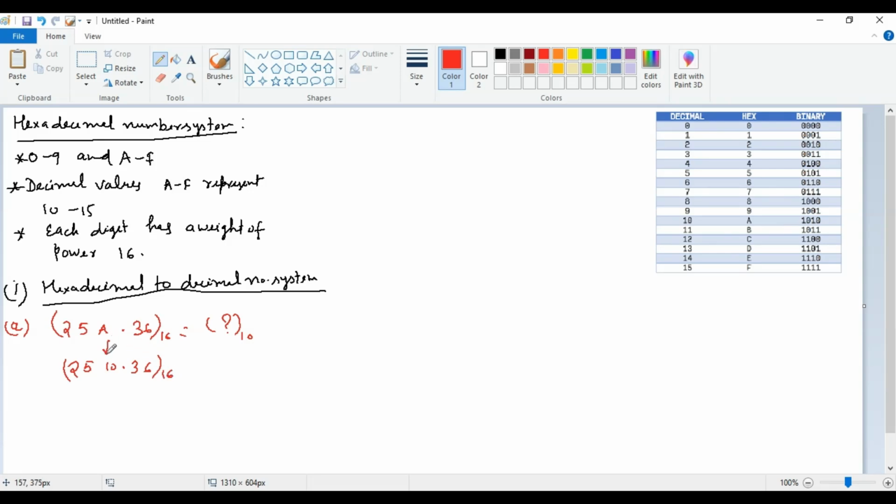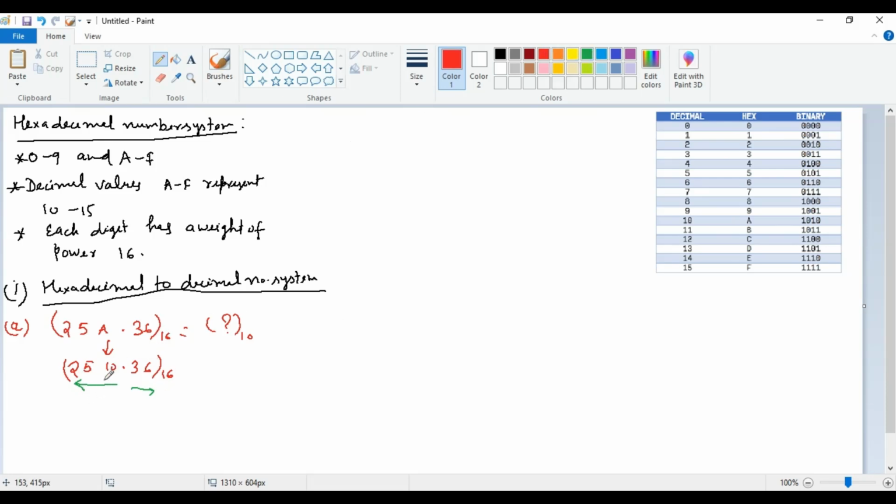Now we will multiply each digit by its positional weight. For the integer part, we will move in this direction, and for the fractional part we will move in this direction.